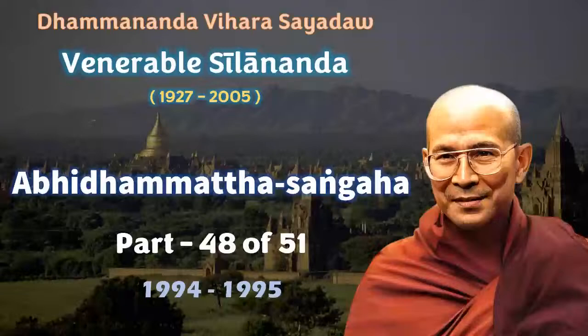Are there 7 or 8? I think 8 is correct. Let me see. It says 7. Yeah. It says except the upekkha santirana, 7 kamavacara vipaka cittas.